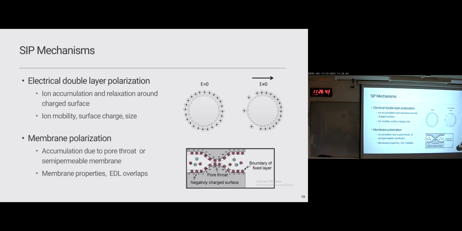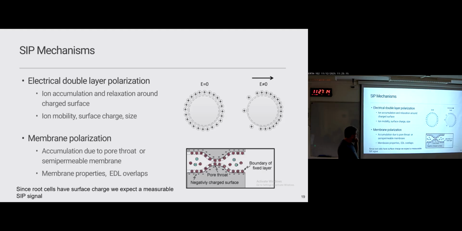This depends, of course, on the membrane properties, and on whether we have overlap between the EDLs of different particles. But it is important to remember that usually in porous media, most studies say the contribution of membrane polarization is a maximum of 10% in comparison to the classical EDL polarization.